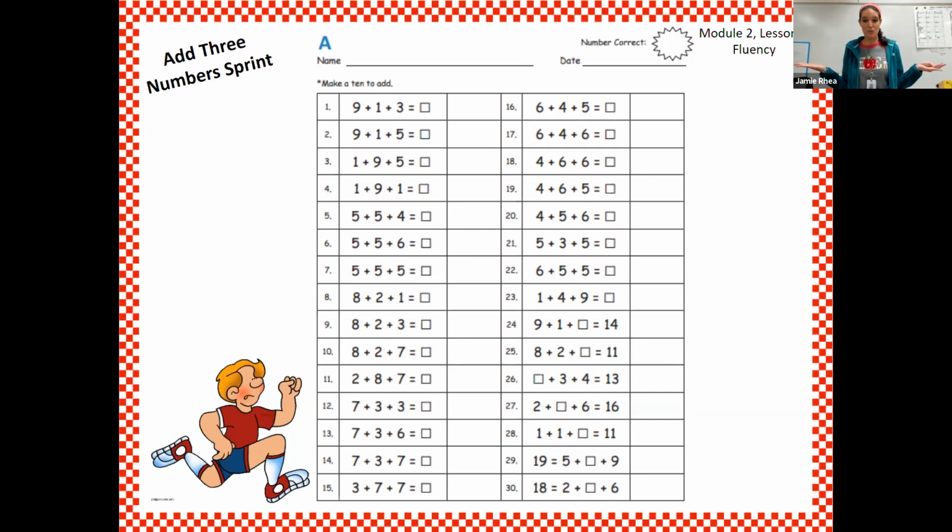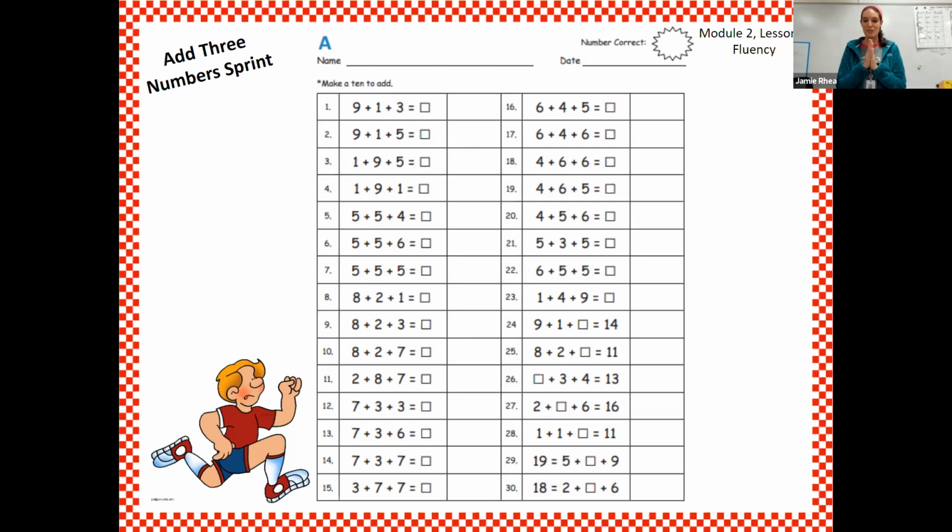If today you take 2 minutes and you get 8 done, then you get 8 done. The next time we do the fluency, look almost exactly like this. And you might be able to get 8 done the first time or 10 done the first time, and you might get them done correctly, okay? So your goal is to get as many done correctly in those 2 minutes. The goal is not to see if you can finish. The goal is to get as many as you can done correctly, okay?